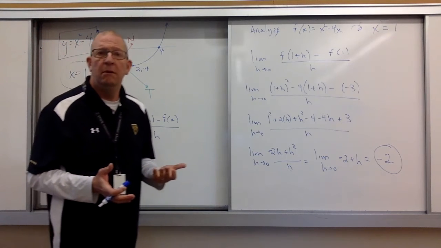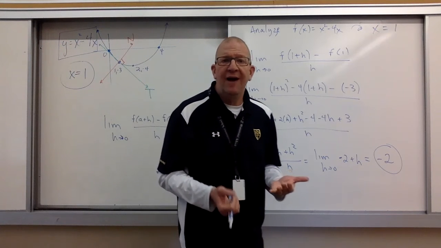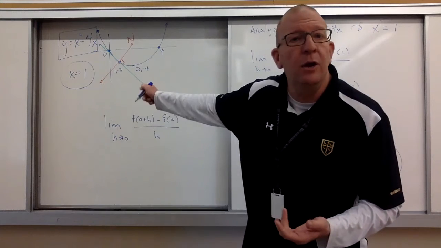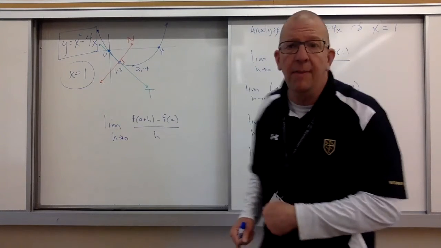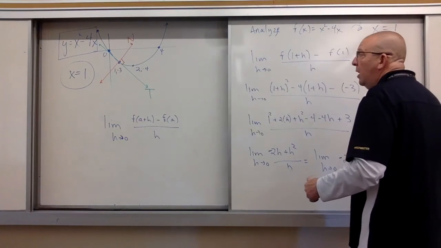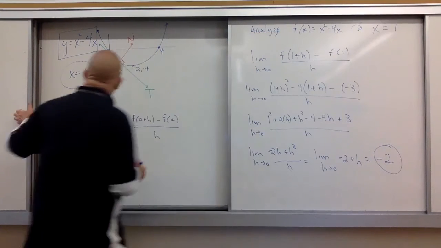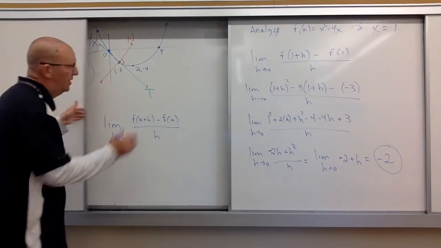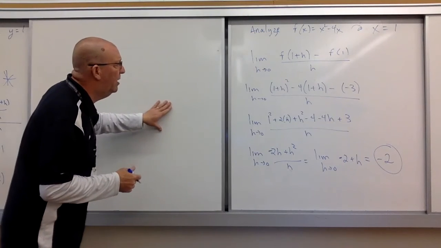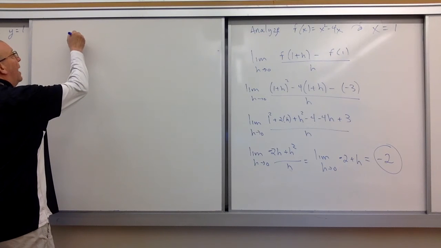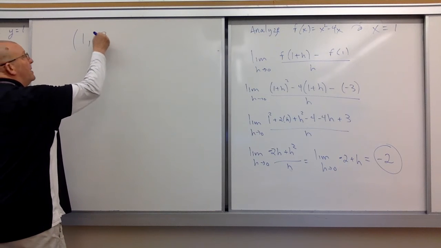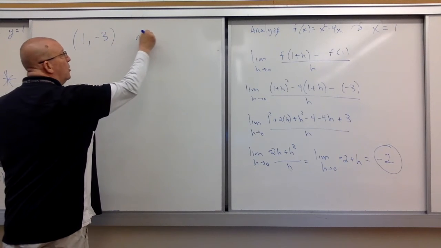Oh, wait a minute. If I have a slope and a point, I can get an equation of a line. Come on. So here we go. Let's slide this over here. I'll keep that work up there, and let's do it. So our point here is 1, negative 3. Our slope is negative 2.